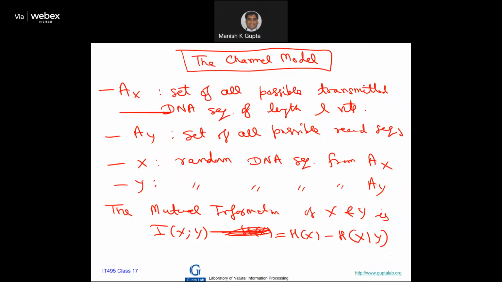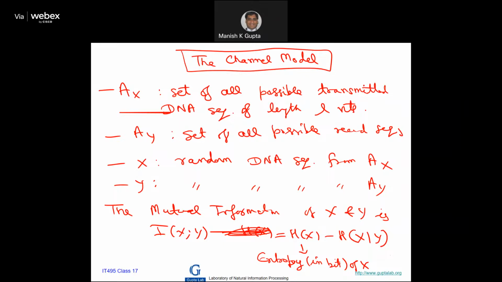Entropy. Fine. So entropy in bits of X. This is entropy. And I think you know the formula for calculating the entropy, right? Fine. So H(X|Y) is the conditional entropy of X given Y.